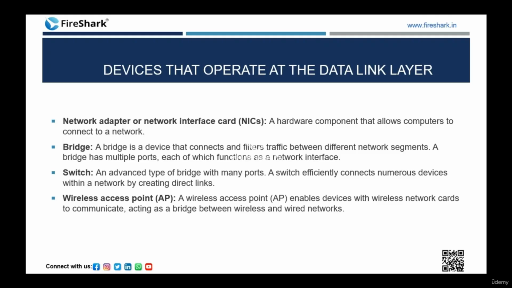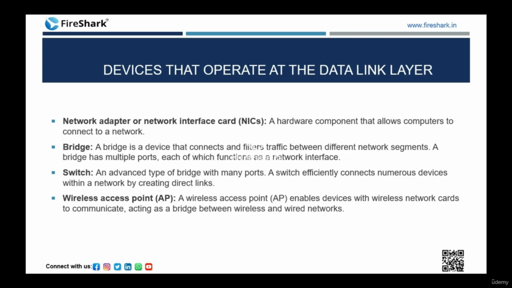Okay, the next one is the bridge. A bridge is a device that connects and filters traffic between different network segments. Basically, when network segments come in, the bridge is used to filter those data packets, and a bridge has multiple ports, each of which functions as a network interface.